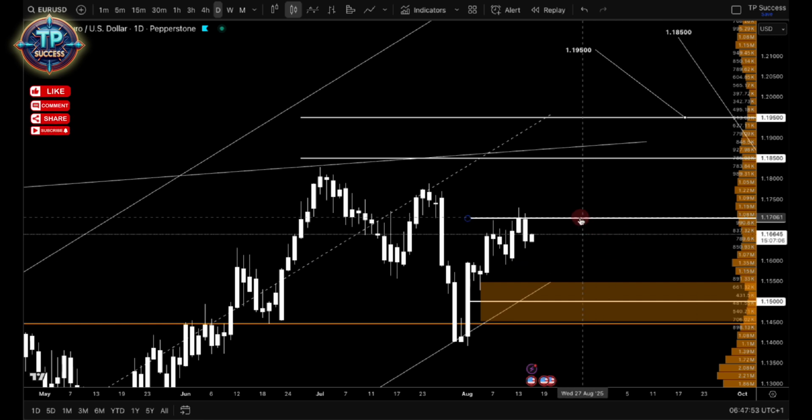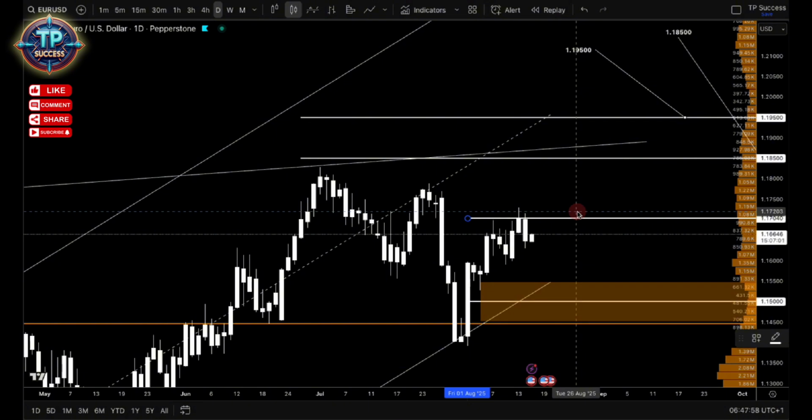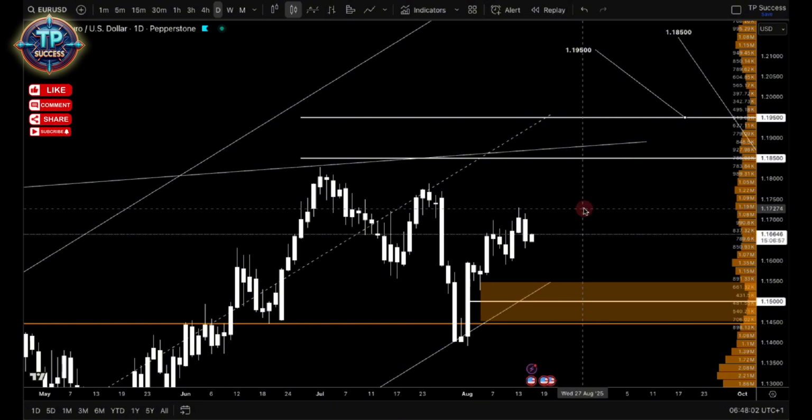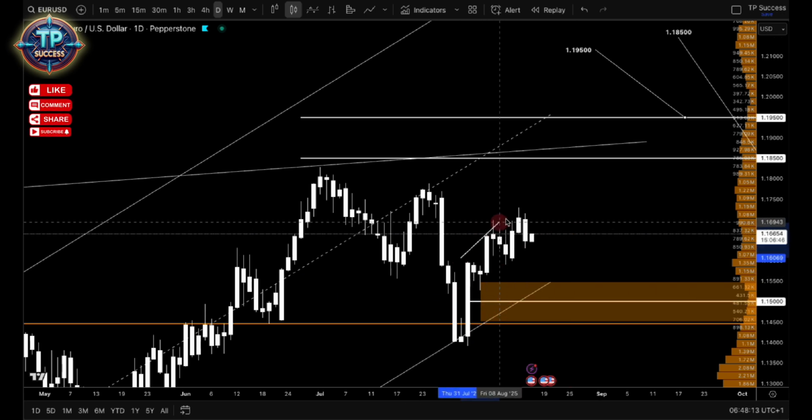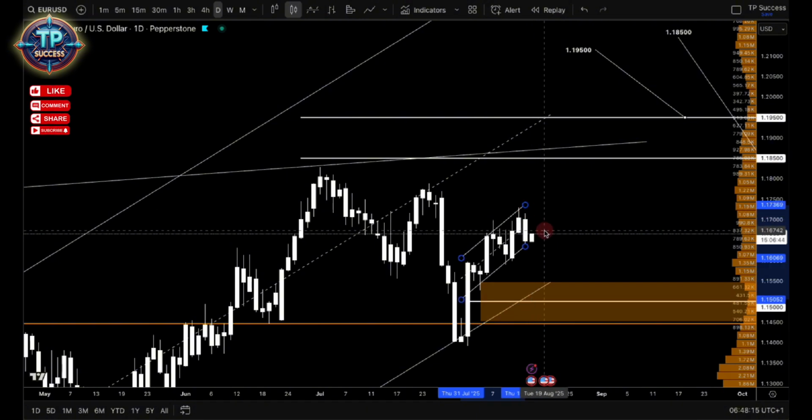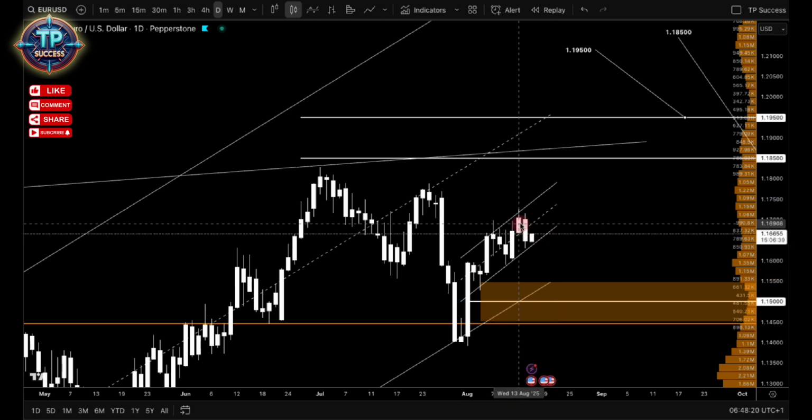So what are we looking for right now? Well, first things first, we're looking for buys from 2 locations and we're looking for sells from 2 locations as well. This is what's taking place right now. As it stands, with this channel that we have in this area over here, the consolidation that we've got going on right now in this location right here, this situation has a high probability of breaking downwards just based on how it is.